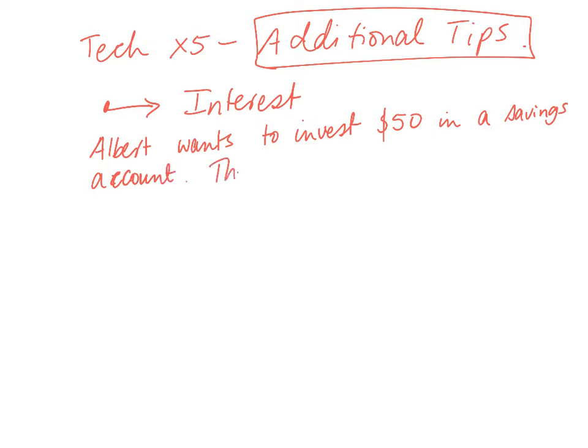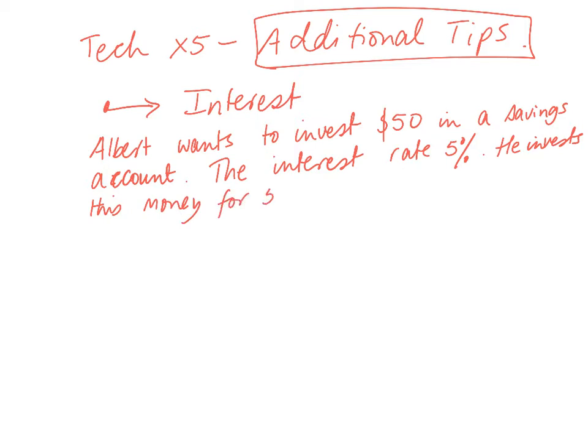Okay, so the interest rate is, let's say, 5%, and he invests this money for 5 years. Okay, so if you get this scenario, how do you solve it?